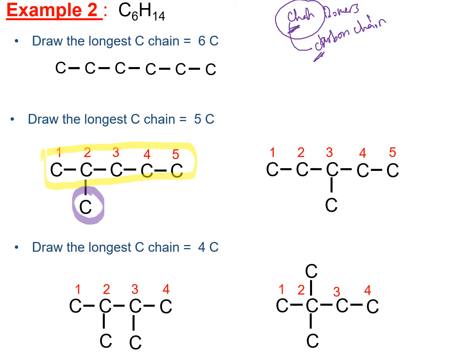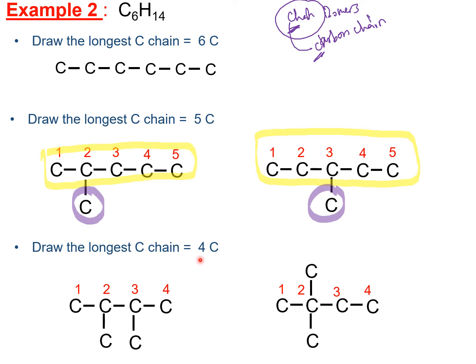Okay, so kita boleh tahu we have two possible structural formula yang berbeza bila kita draw the longest carbon chain equals to 5 carbon. Yang ni kat sini methyl dekat carbon number 2, this one methyl dekat carbon number 3. And lastly, you pendekkan lagi the carbon chain jadi 4.